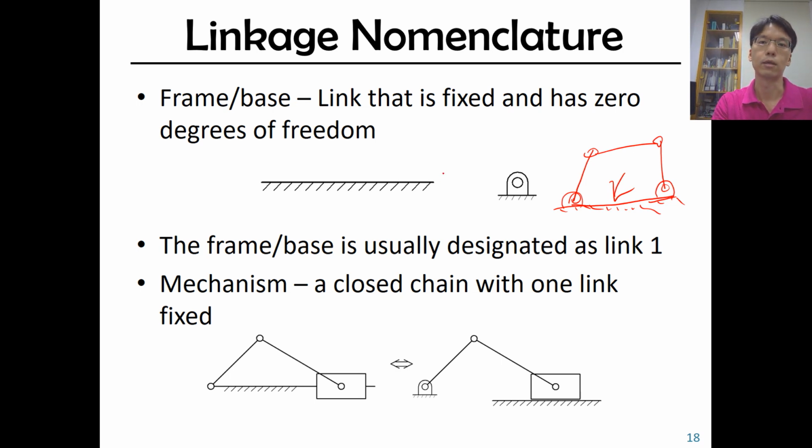In the schematic drawing, you can draw it in this way or this one. And the frame or the base is usually designated as link 1. So it's link 1, 2, 3, 4.